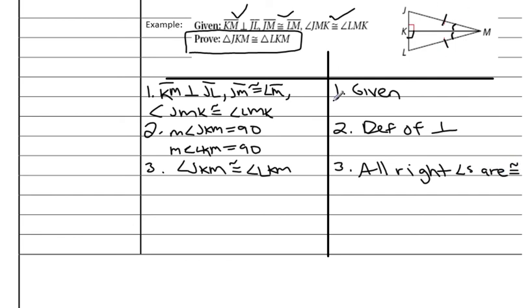So now I've gotten them to say that they are congruent, and now I can say that these two triangles are congruent. So triangle JKM is congruent to triangle LKM, and the reason is there's an angle, and a non-included side. So it's angle, angle, side, or you can put side angle, angle.